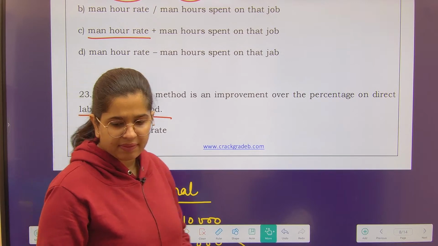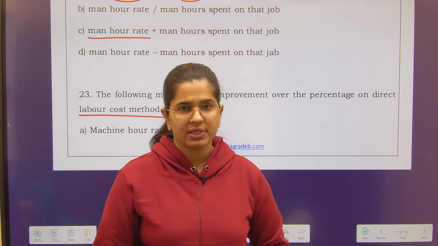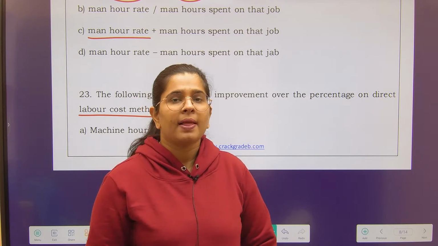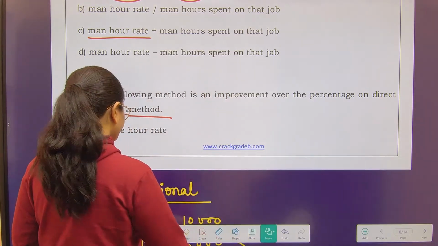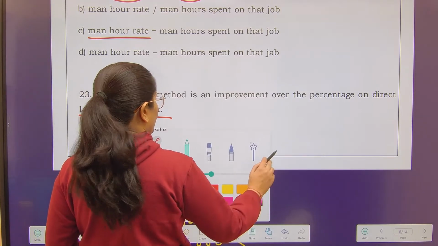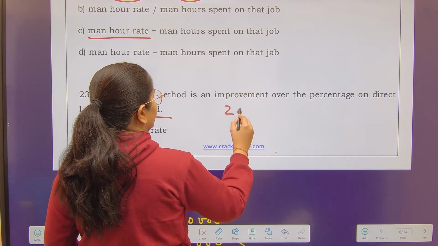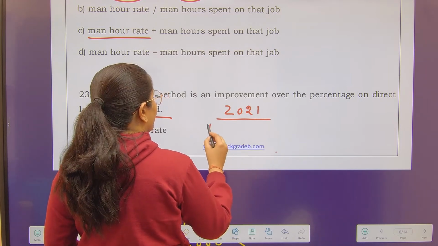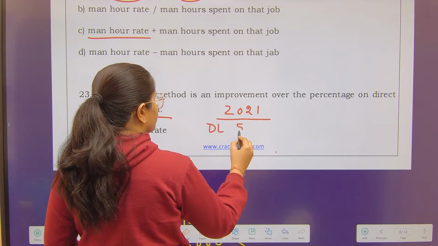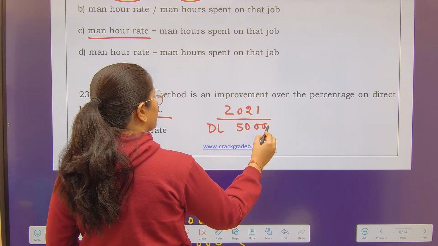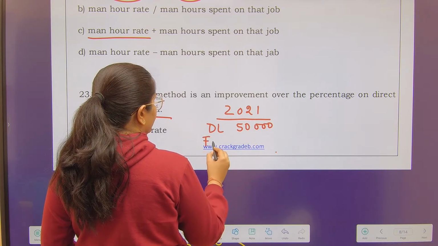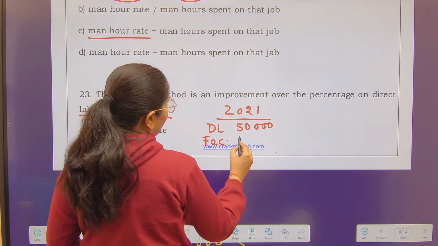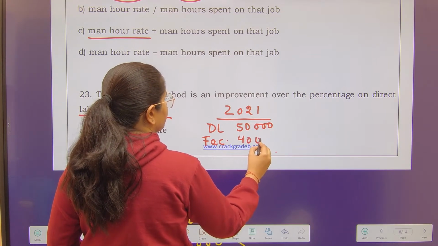You have seen the previous data and on the basis of previous data you have decided a percentage. This percentage could be anything. Suppose in the last year, in the year 2021, your direct labor was 50,000 rupees and in the same year your factory expenses were 40,000 rupees.